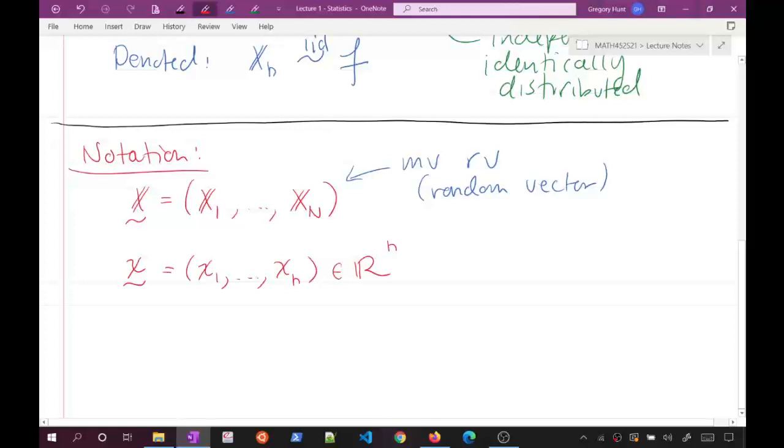Okay, so tilde means it's a vector. Typically, I guess this should be capital N elements. And if I make it bold by putting the extra cross through it, that's a random variable. So this thing is just a real vector.